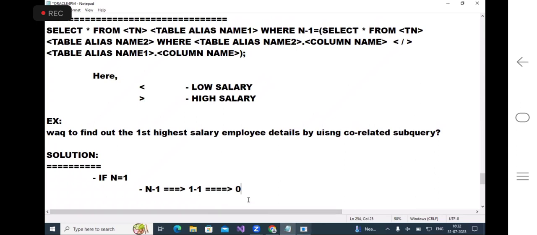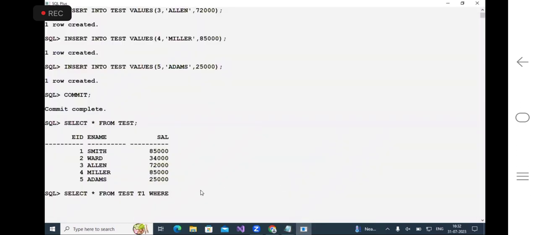Now as per this calculation, what we want to do: where 0 is equal to the inner query. What is the inner query? Select star, I need to count my values here. So count which column? I'm using the distinct keyword. Distinct of which column? The salary column.